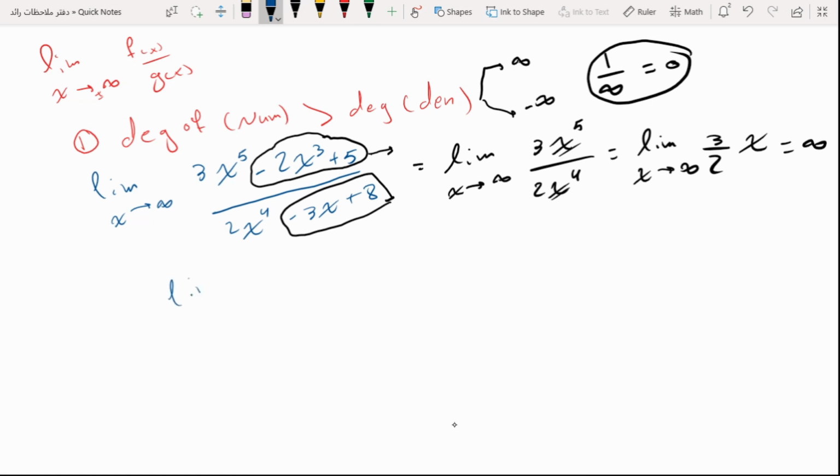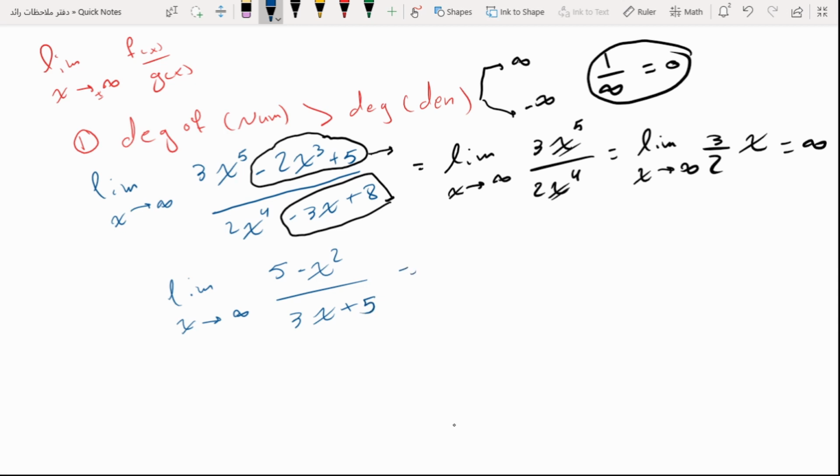لو قلنا limit x approaches to infinity for an example 5 negative x to the power of 2 over 3x plus 5.